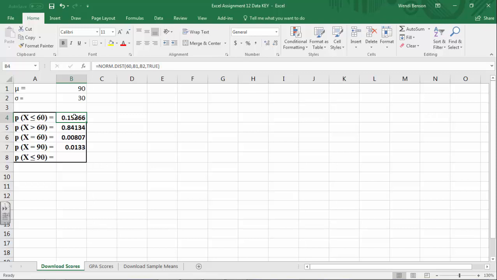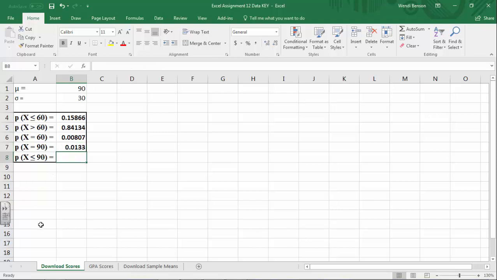So getting a download speed of 60 seconds or less would not be as likely as getting a download speed above 60 seconds if most are between 60 and 120. So based on this, he's likely to be embarrassed in front of the investors. If we look at these values, you'll notice that they're both very, very highly unlikely. It's always highly unlikely to get an exact value, even if in this case, the value equals the mean.